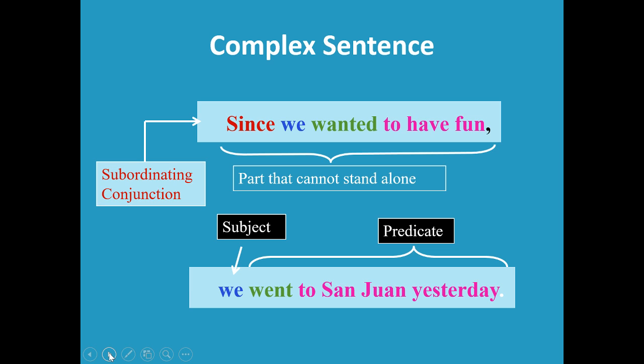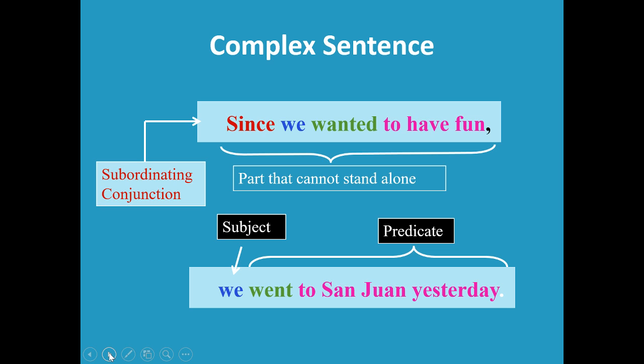When we say "we went to San Juan yesterday," when we say that part only, we get a full meaning. But when we just say up to "since we wanted to have fun," we know that there's something at the end. We know that that is not a complete sentence. It does not give a full meaning.